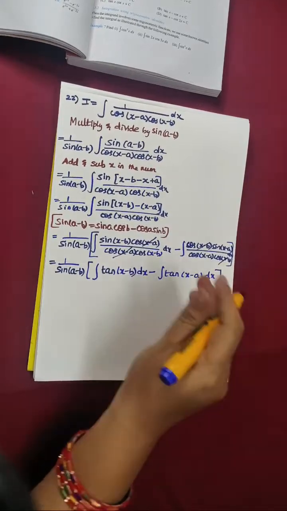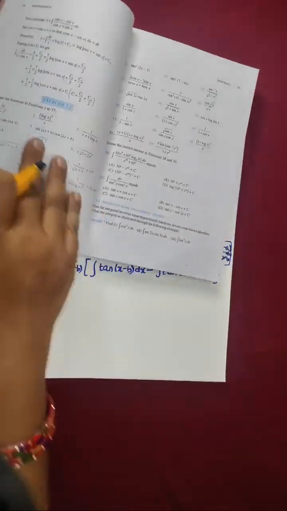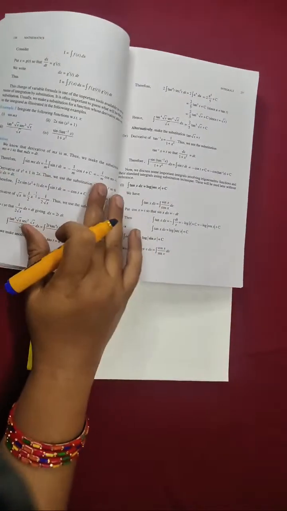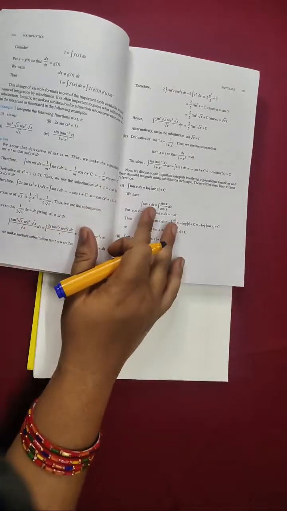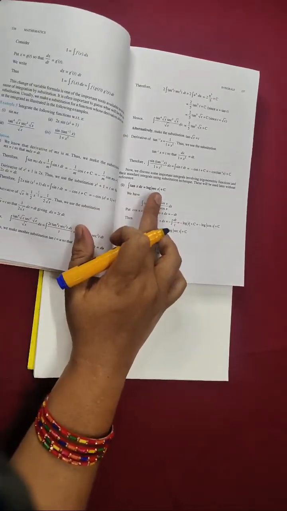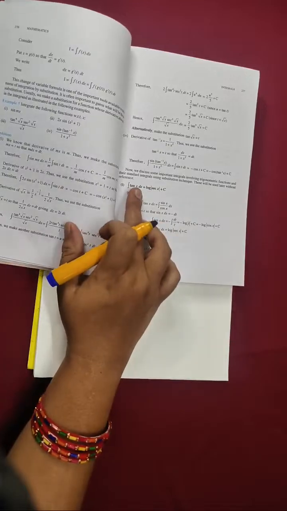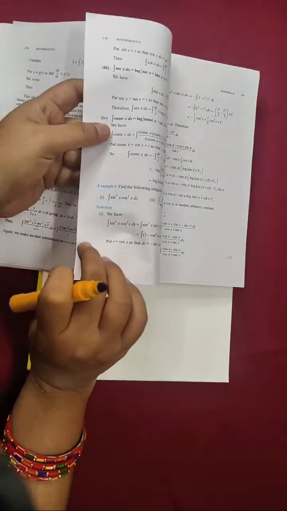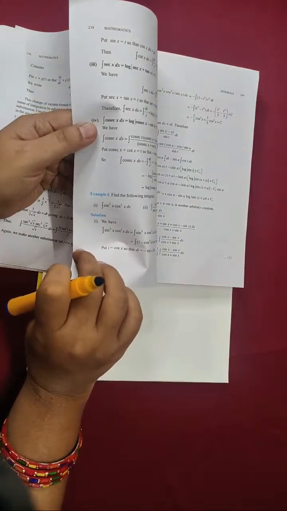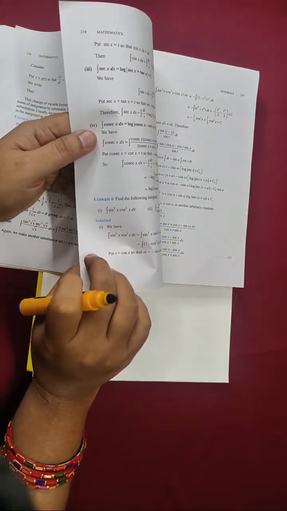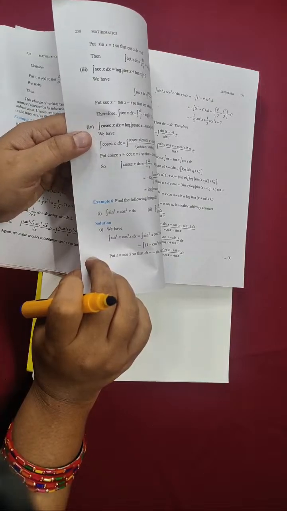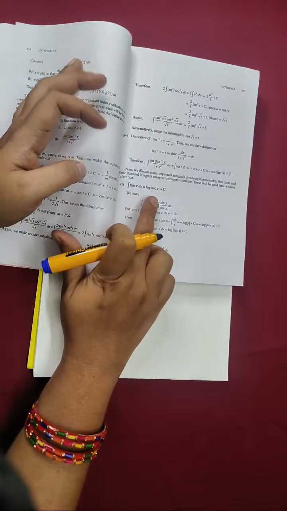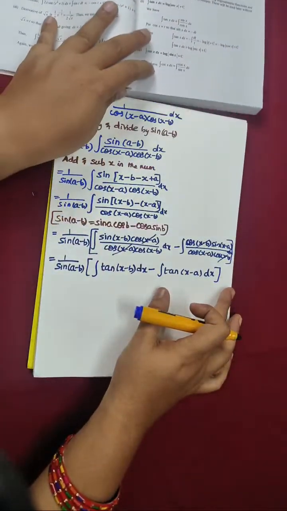I already showed you that apart from the differentiation formulas you have learned, you have four separate formulas: integral tan x, integral cot x, integral secant x, and integral cosecant x, given separately as they are not in your differentiation part. So integration of tan x is log secant x.